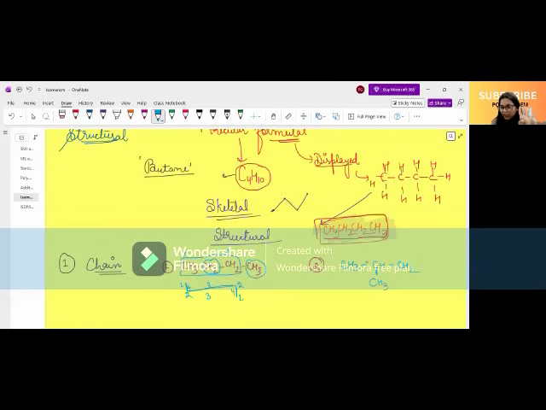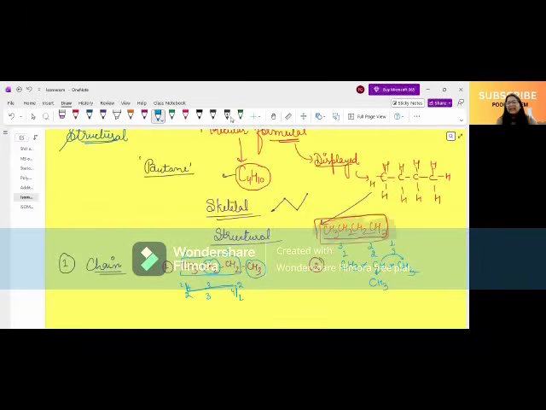It is already having 1, 2, 3, and the fourth is this hydrogen. So this hydrogen will go to the next carbon. Now if you number the compound, you can number it from the starting or from the back: 1, 2, 3, or 1, 2, 3.